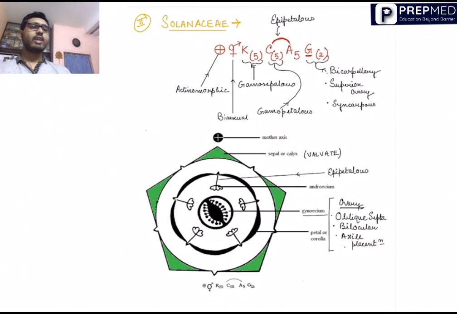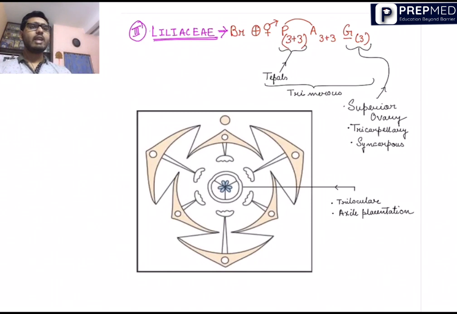Solanaceae, it's multiples of 5 again. 5, 5, 5. There's a connection, so it's an epipetalous connection between the calyx, the corolla and the androecium. There are 2 locules, so bilocular. The placentation is axile, and here is Liliaceae again.